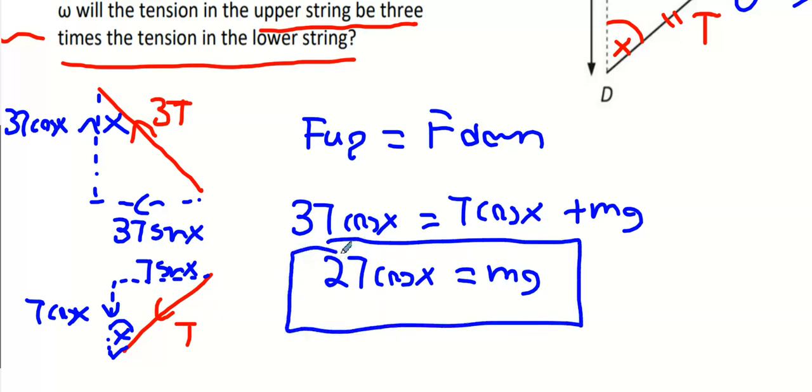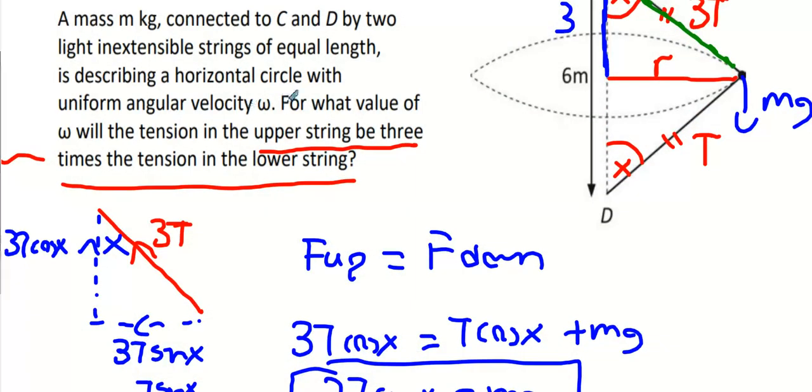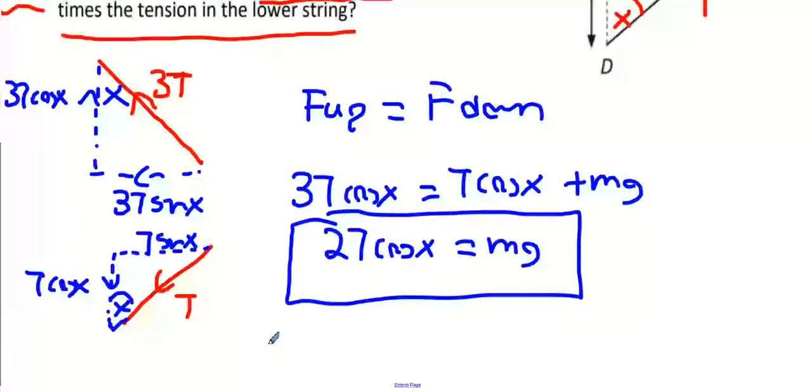No hassle, right? Now I'm looking at the description of the question. It mentions omega, so what does that mean to me? Yeah, it does mean mr omega squared. And it's going to be the force aiming towards the center of the circle.